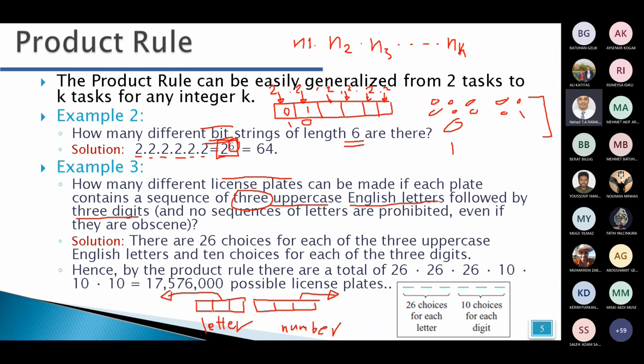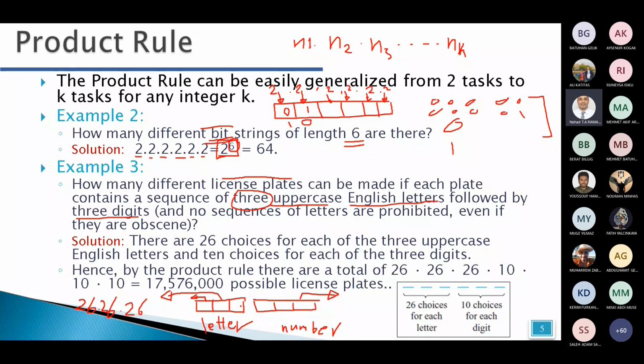To get an uppercase letter for each position, you have 26 letters. So you have 26 ways to select the first uppercase letter, multiplied by 26 ways to select the second, multiplied by 26 ways to select the third.